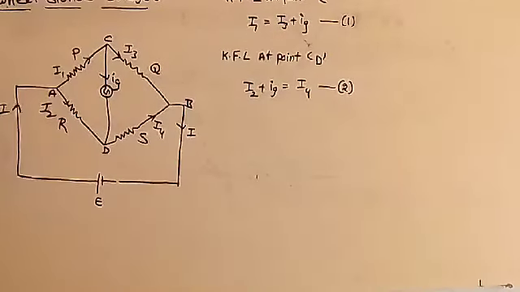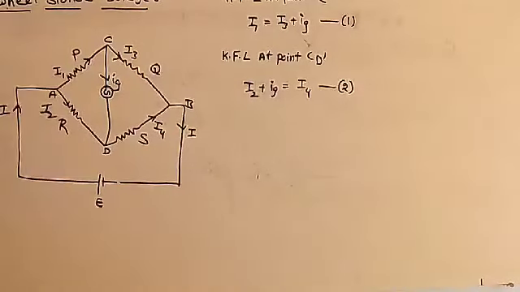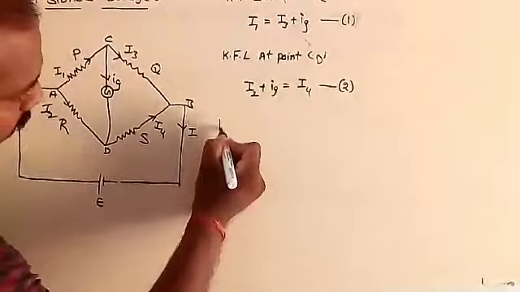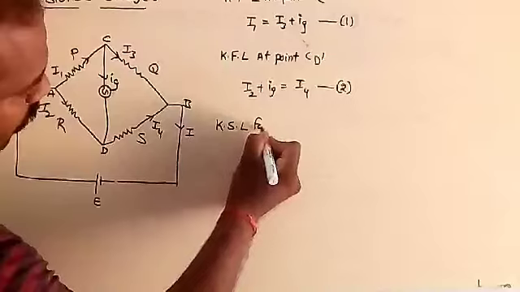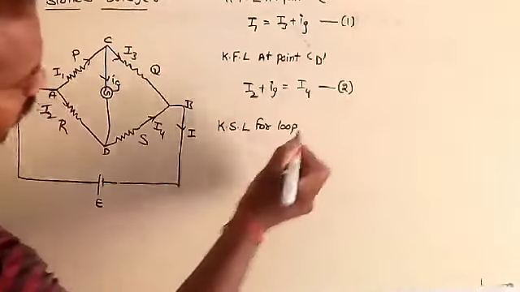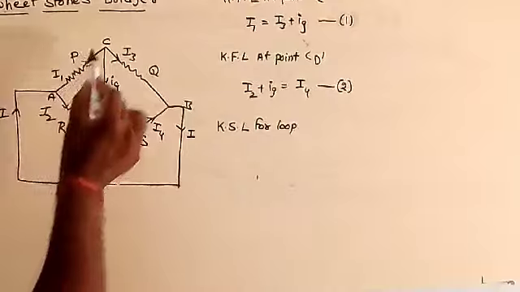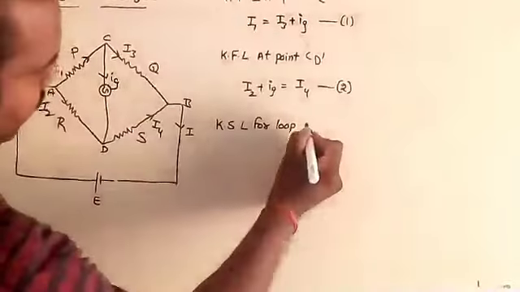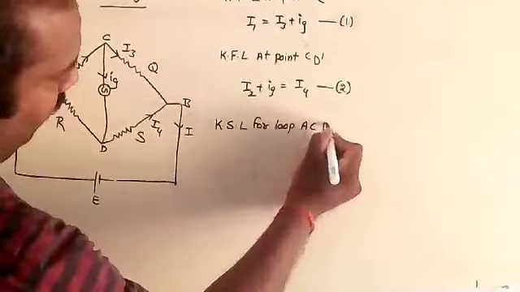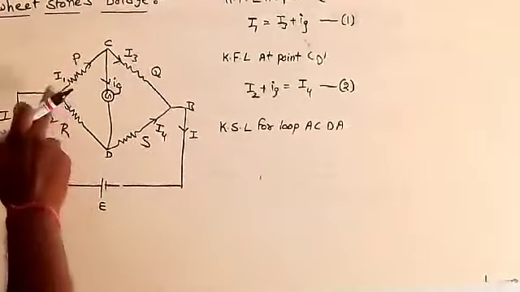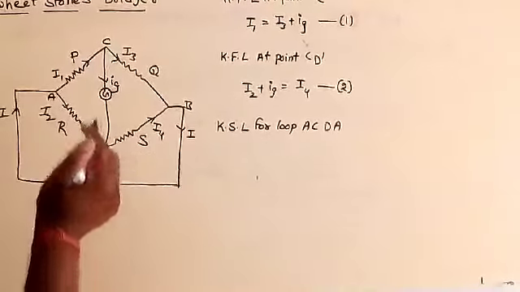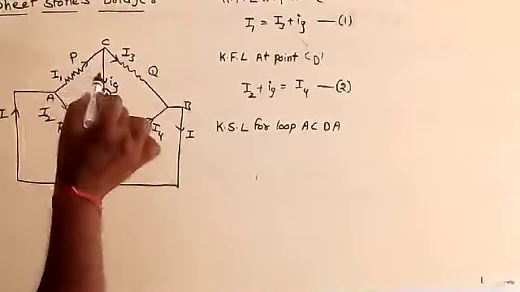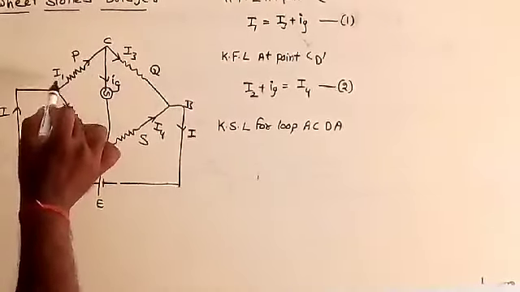Now I am applying Kirchhoff's second law for two loops. For the first loop, I am taking the loop direction as A, C, D, A. You have to follow that direction only: A to C, C to D, D to A. As I told you clearly, in the direction of current is negative, opposite to the direction of current is positive.